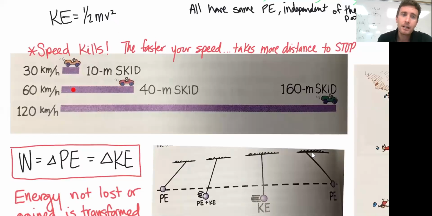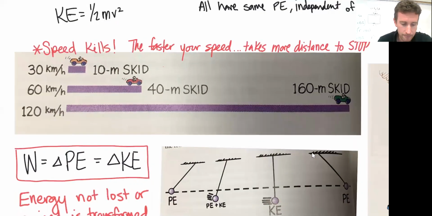So in this case, if I'm going 30 kilometers per hour, it takes me 10 meters to skid to a halt, right? I apply the brakes, I have a set amount of energy. Now, if I double 30, that means I've gone times 2 right here, from 30 to 60.